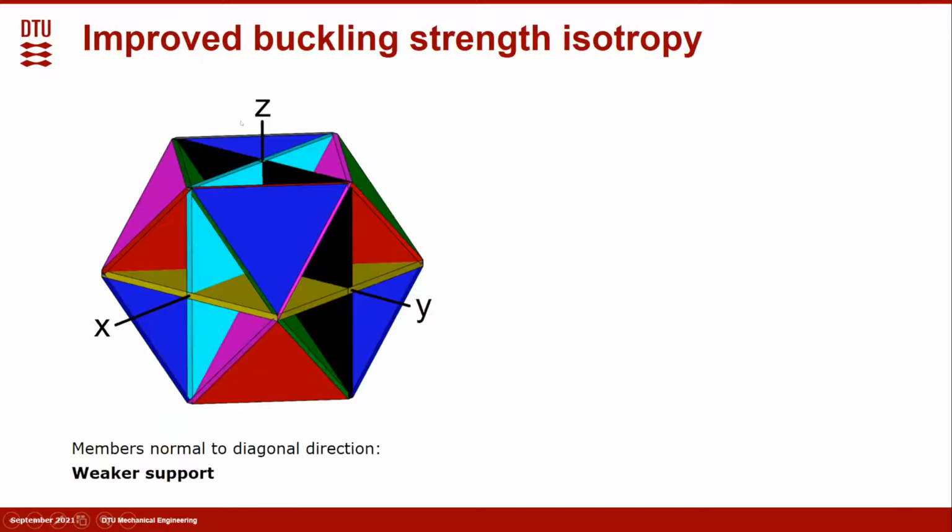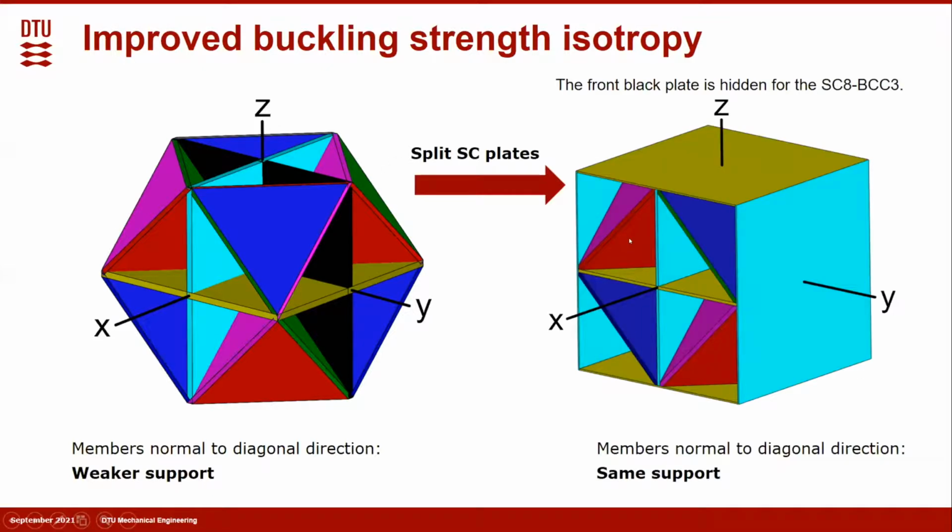If we study the microstructure configuration carefully, we will see the plates lying on the diagonal directions have a weak spot for neighboring, because of the missing plate in the SC directions. If we split the SC plate into two and get the new configuration, here the front black plate has been hidden for visualization. In this case, all the triangular plates will be evenly supported.